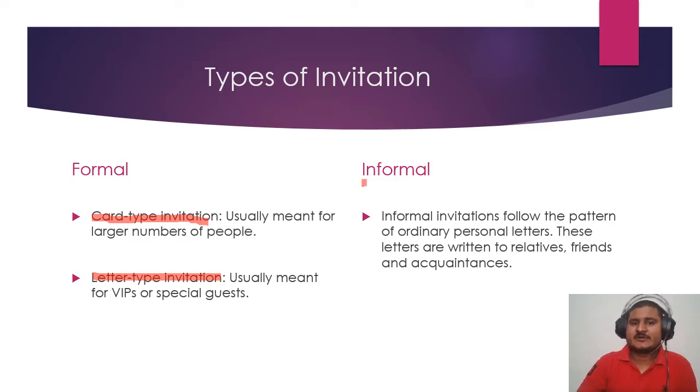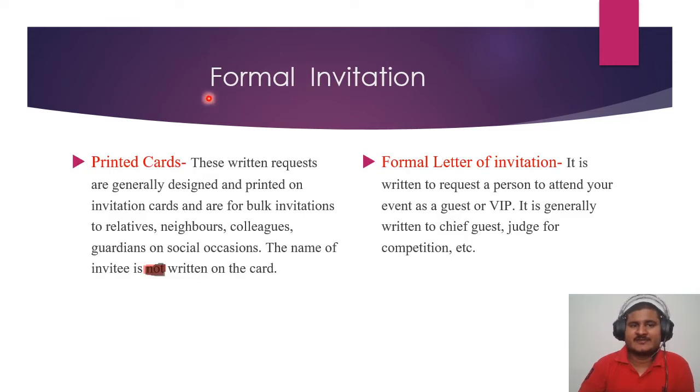Now let's discuss informal invitation. See, an informal invitation is basically written to relatives, friends or close ones. Here I gave you a brief introduction about formal invitation. As I said before, formal invitation can be of two types, right? Card type invitation or letter type invitation. Card type invitation is designed and printed in bulk so that you can invite so many people, your relatives, neighbors and colleagues at the same time.